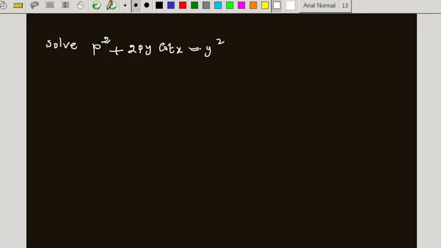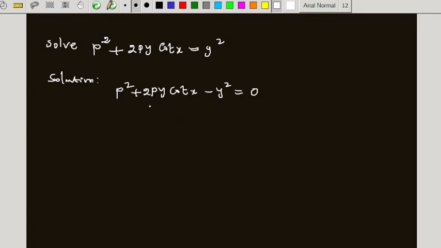By seeing, we can say that this is of the form of a quadratic equation. We solve it in the same format: bring the term to the left hand side, we get p square plus 2py cot x minus y square equal to 0.